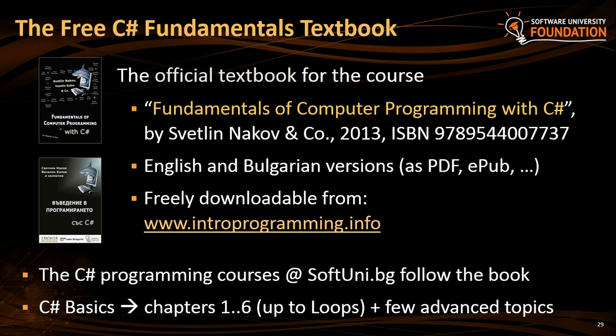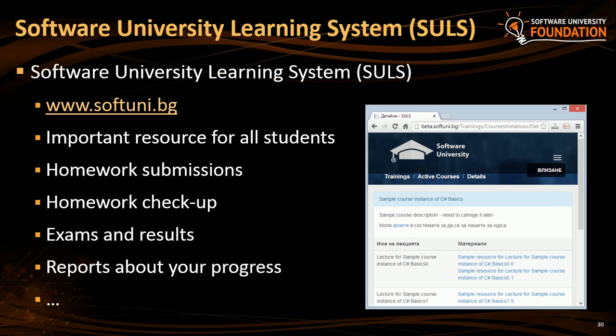You are allowed to read other books, other tutorials as well, but this is what we recommend because some books teach you bad practices. For example, bad naming, things like button1, checkbox7, things which are not good. The learning system currently is available only in Bulgarian. Someday we'll translate it.